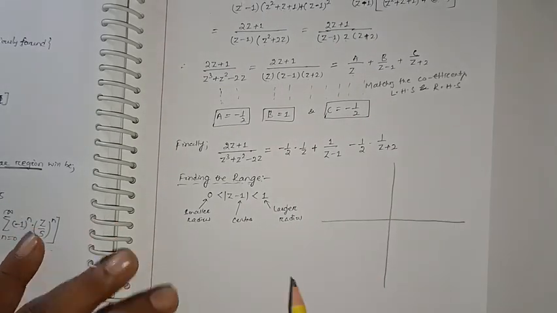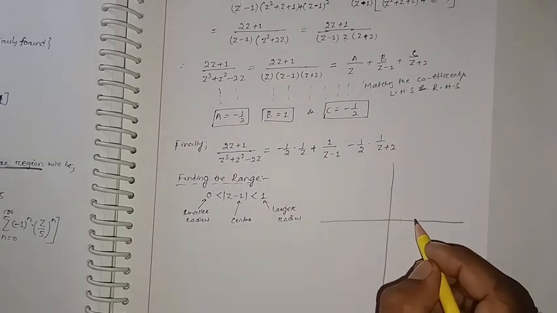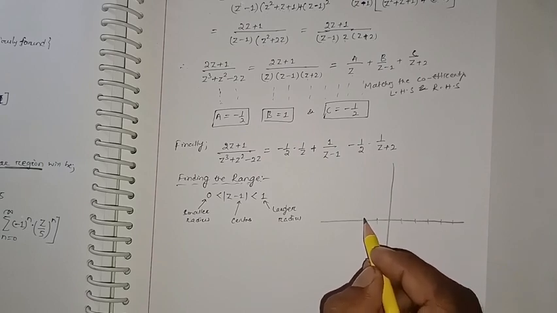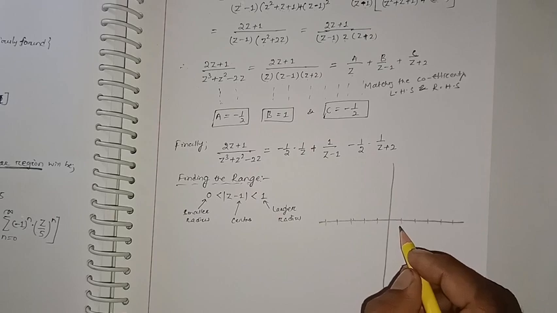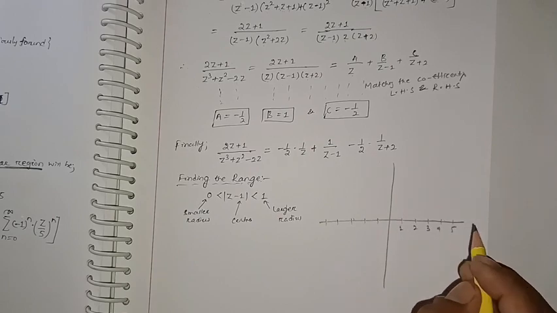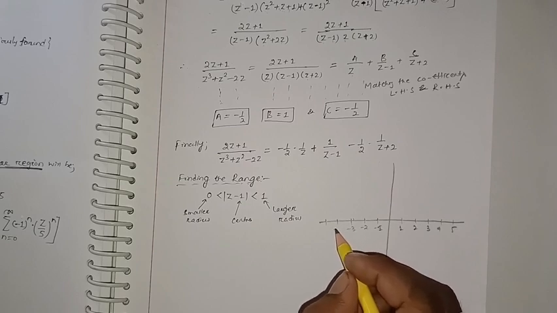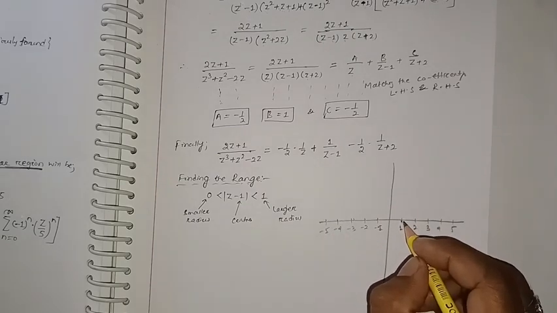This is the complex plane. 1, 2, 3, 4, 5, minus 1, minus 2, minus 3, minus 4, minus 5. This is 1, 2, 3, 4, 5, minus 1, minus 2, minus 3, minus 4, minus 5. So where is the center? Center is here.